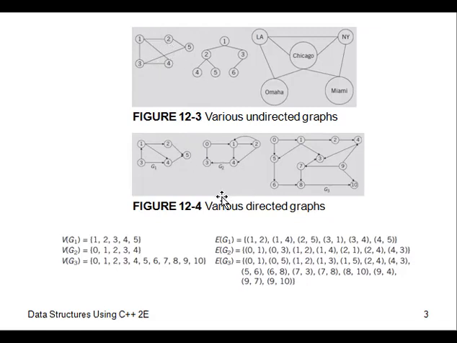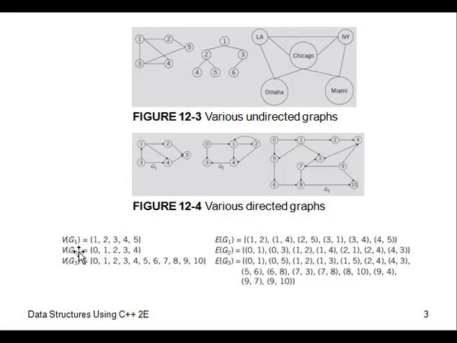This is the directed graph. For example, here the vertices can be denoted in each of the graphs, that is, each diagram. The first graph's vertices start from 1, 2, 3, 4, 5. That will be denoted here.